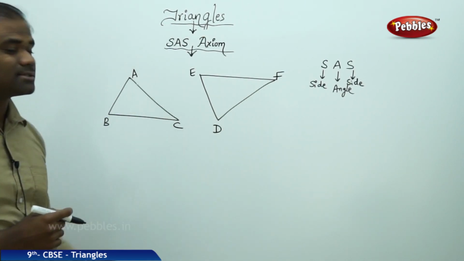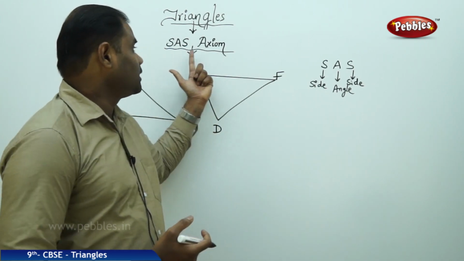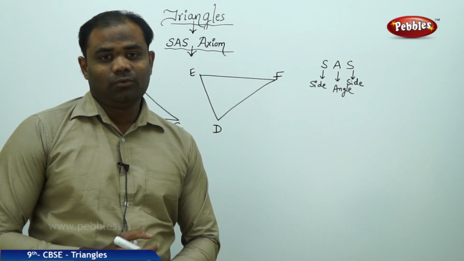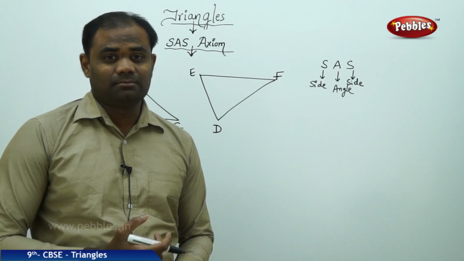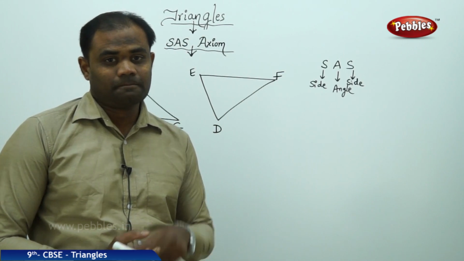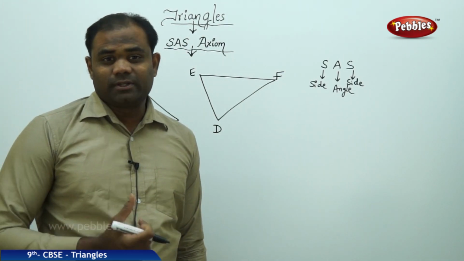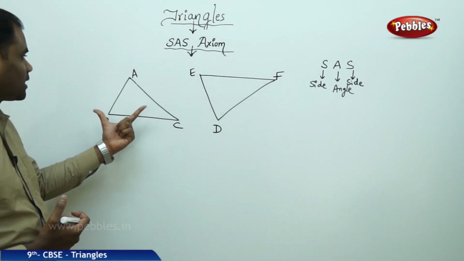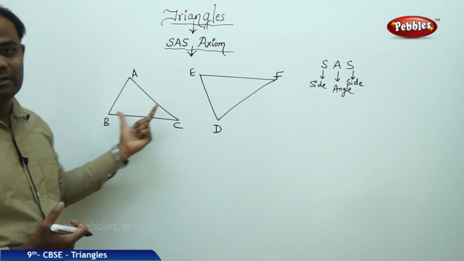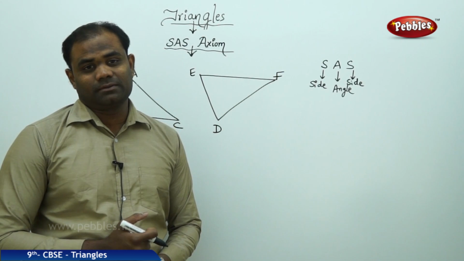Let's see if these two triangles are congruent through the SAS axiom. What is the SAS axiom? How do we define the SAS axiom in mathematics? The SAS axiom, with respect to congruency of two triangles, defines that if two sides and one included angle are equal in two triangles, then the two triangles must be congruent.